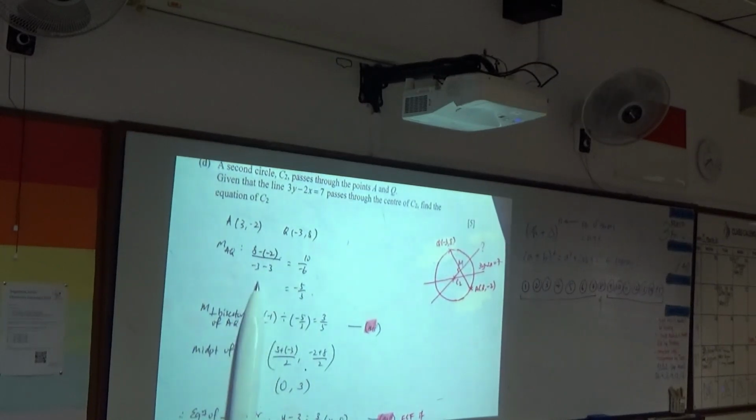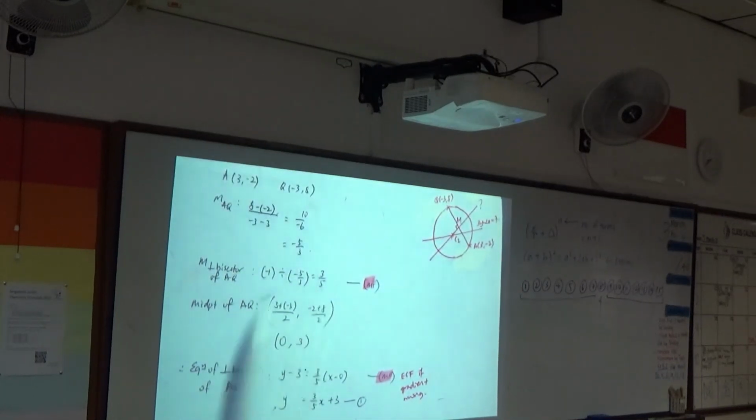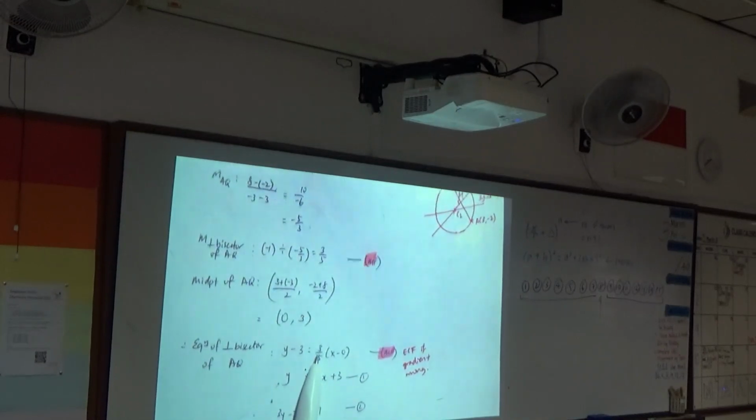Right, so what you needed to do, first find out the gradient of AQ, negative 5/3, then the gradient of the perpendicular bisector, which is 3/5. Okay, so that's 1 mark over there. Then you find the midpoint of AQ, that is (0, 3), so that you can find the equation of the perpendicular bisector.